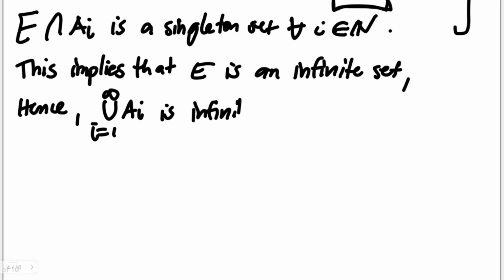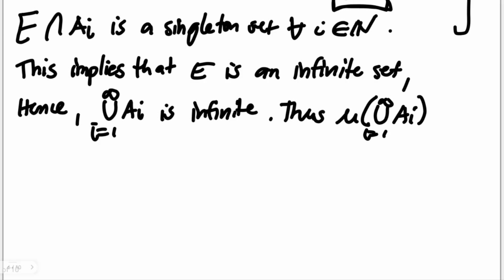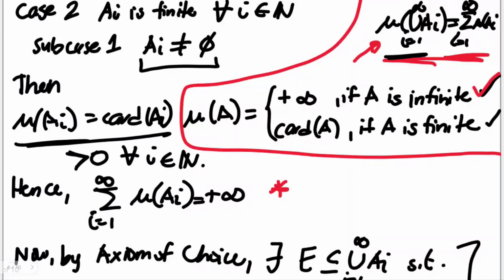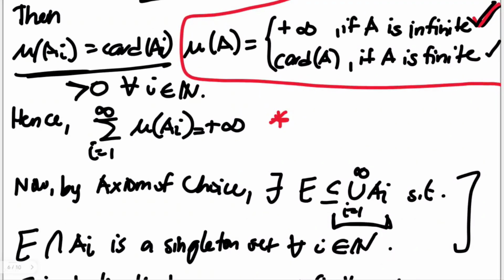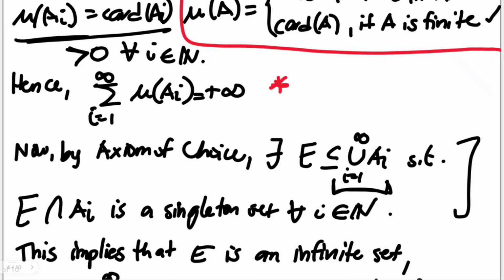And if that would be the case, thus the mu of the union of A sub I, where I starts from 1 to infinity, since it's infinite, we'll be using the first statement here. Even if A sub I is finite, by the axiom of choice, E is a subset of all of this.